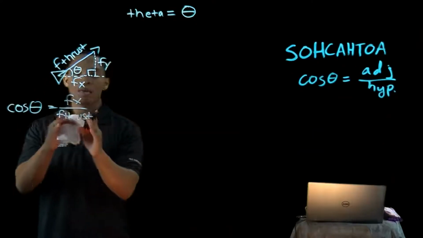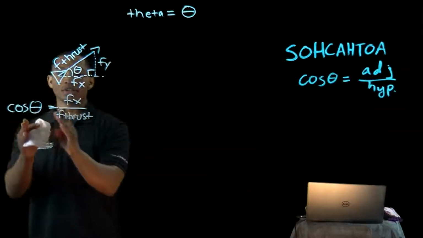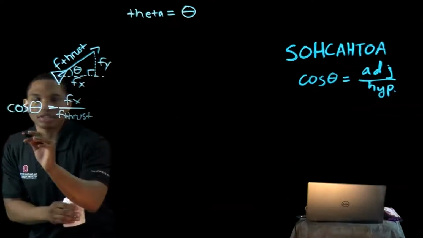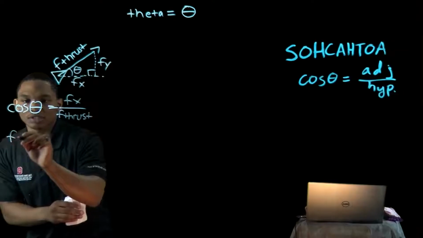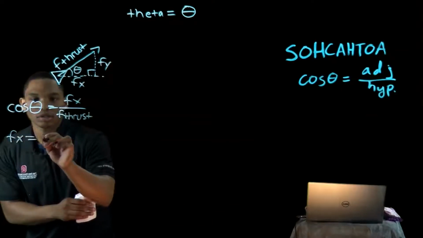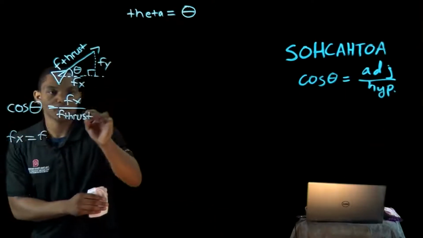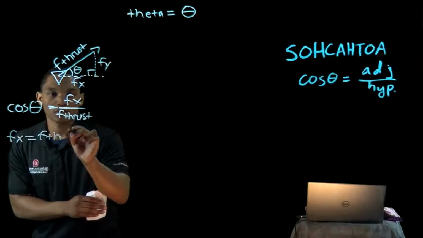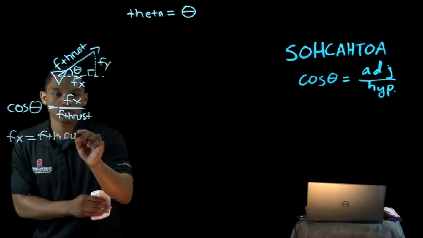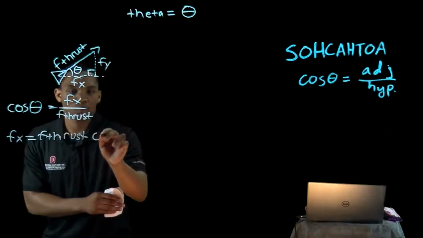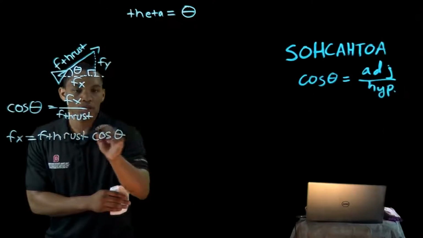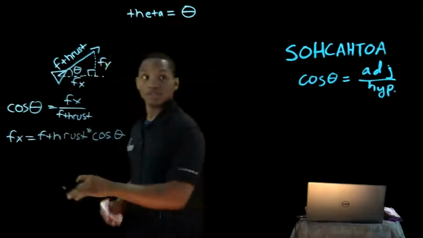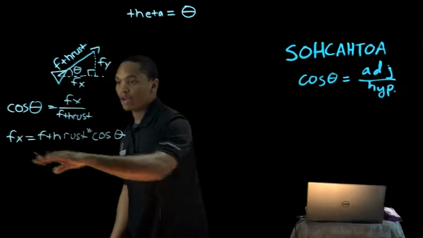If we multiply by F thrust and switch the sides, we get this particular equation. All I'm doing here is just multiplying by F thrust, a little small multiplication. So right here, we have an equation for F of x.